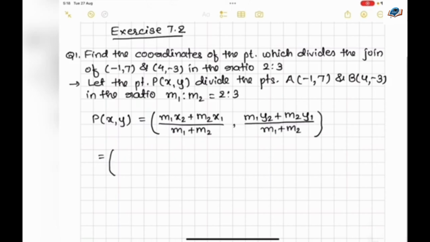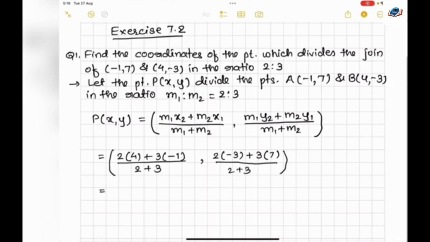So putting m1 is 2 into x2, x2 is 4, plus m2, m2 is 3 into x1 is -1, upon m1 plus m2, so 2 plus 3, comma, m1 is 2 into y2 is -3 plus 3 into 7 by 2 plus 3.